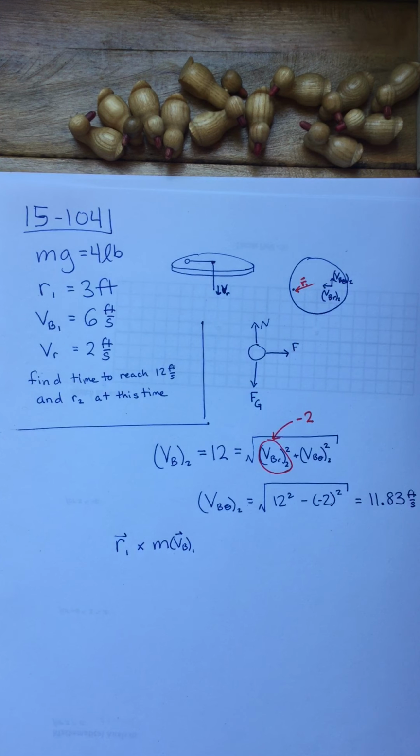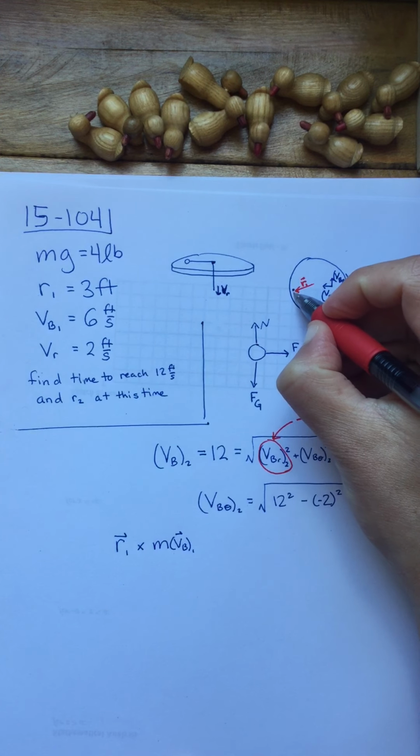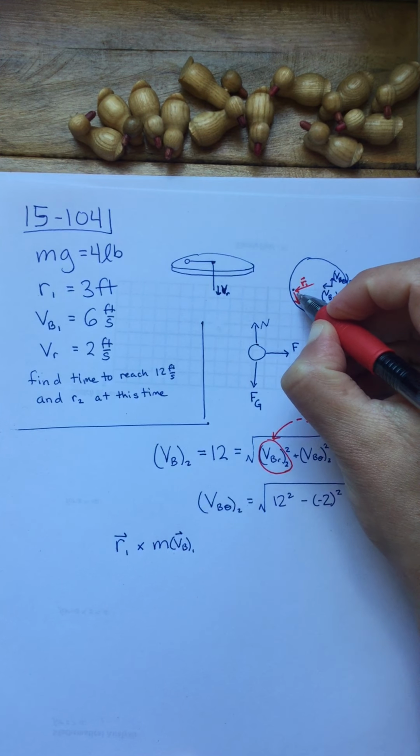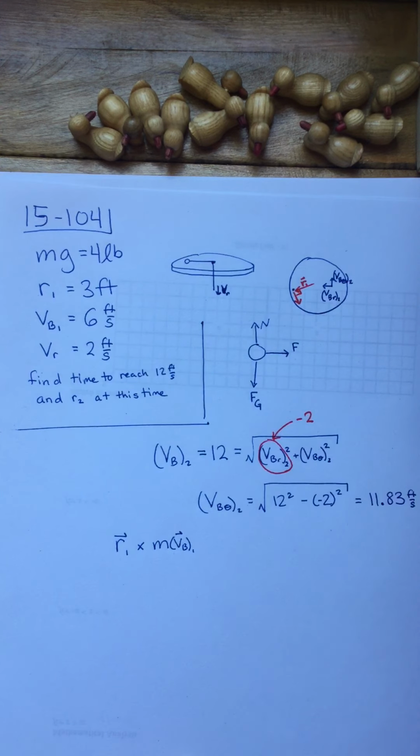The object was going around in a circle to begin with, so initially that velocity is just in the transverse direction. That's perpendicular to my r1 vector.